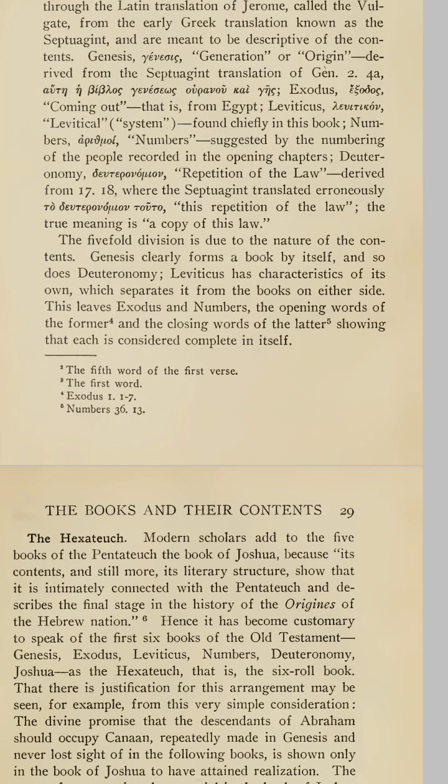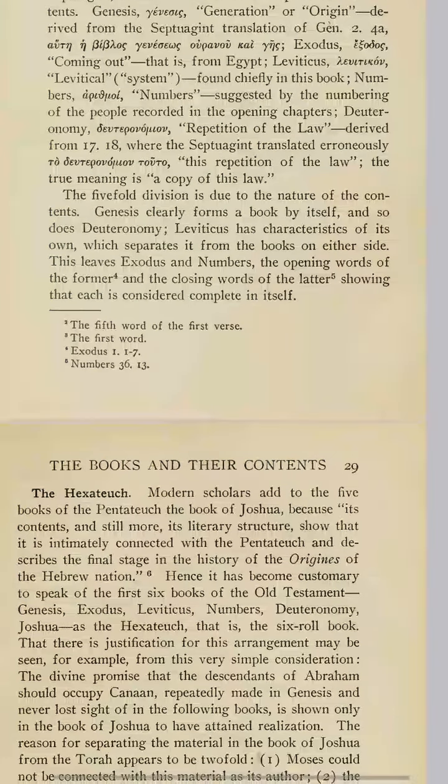Leviticus, the Levitical system, found chiefly in this book. Numbers, suggested by the numbering of the people recorded in the opening chapters. Deuteronomy, repetition of the law, derived from Deuteronomy 17:18, where the Septuagint translated erroneously 'this repetition of the law.' The true meaning is 'a copy of this law.'